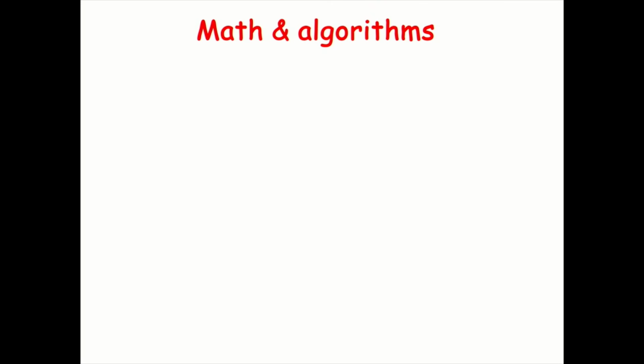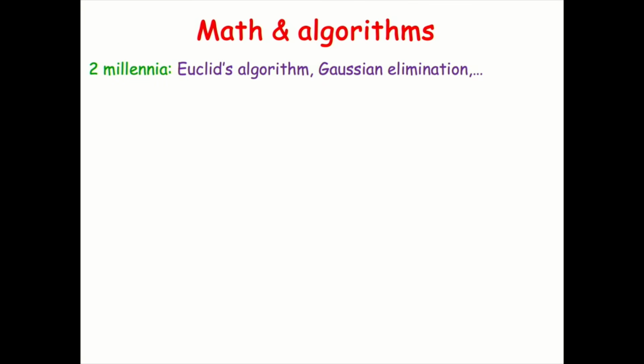of the problem. The history is really millennia old, because algorithms were designed by mathematicians for 4 millennia. Euclid's algorithm for GCD, Gaussian elimination was invented by Egyptians way before Gauss.